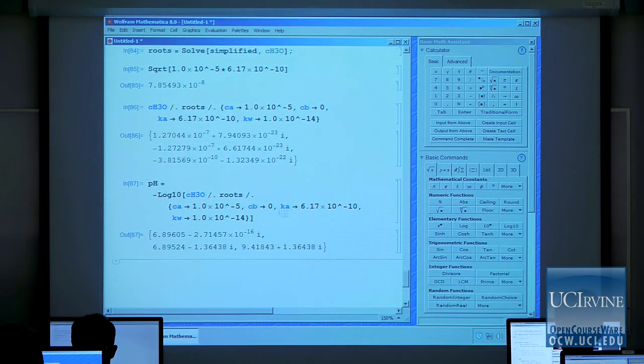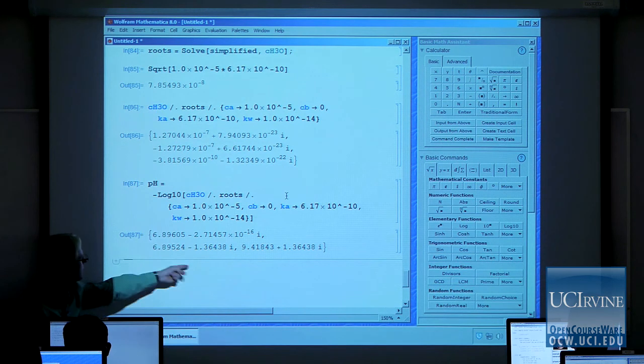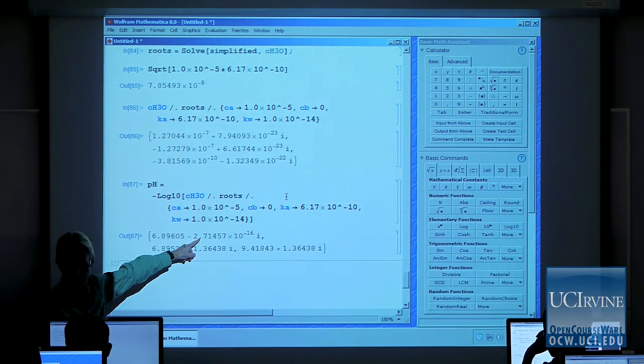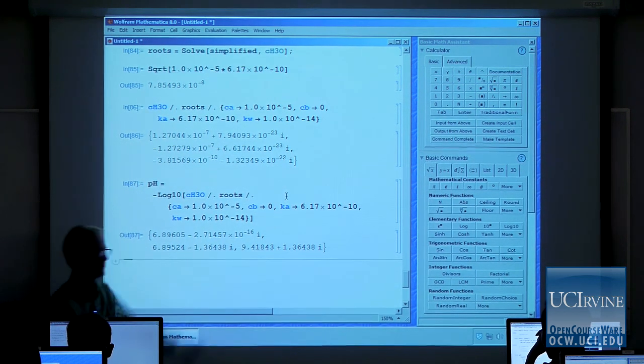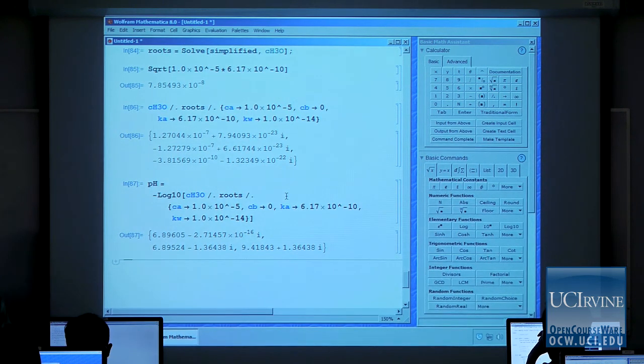Okay, that makes more sense. All right. Now we got 3 complex numbers, but it's pretty clear that this is one that is, for all intents and purposes, a real number, because this is tiny, whereas these ones give substantial imaginary parts. Okay?